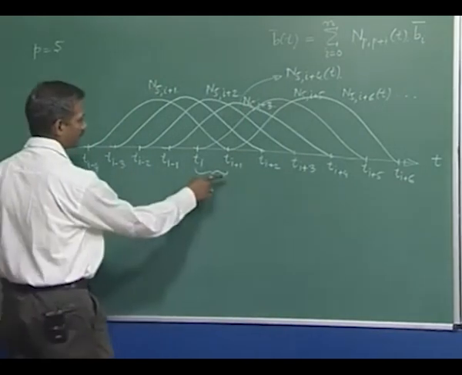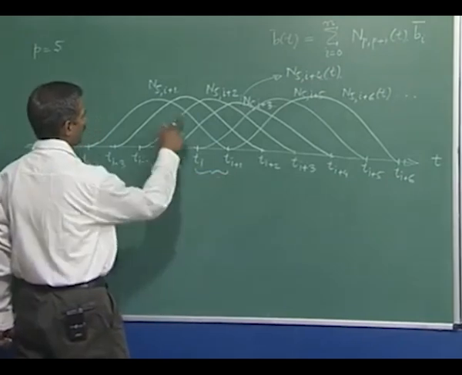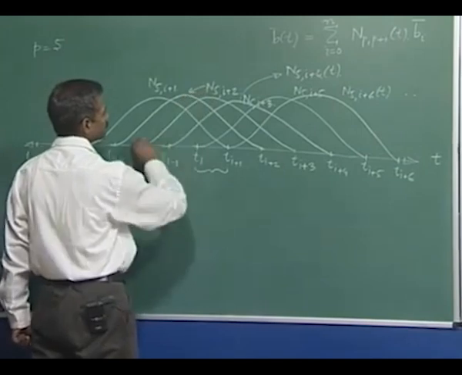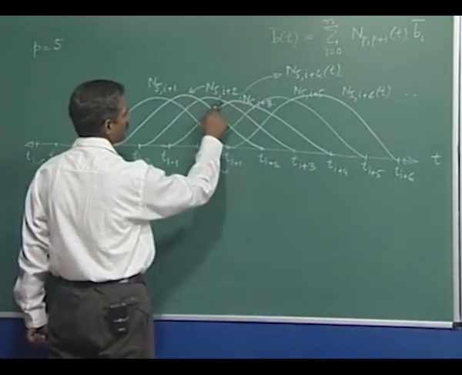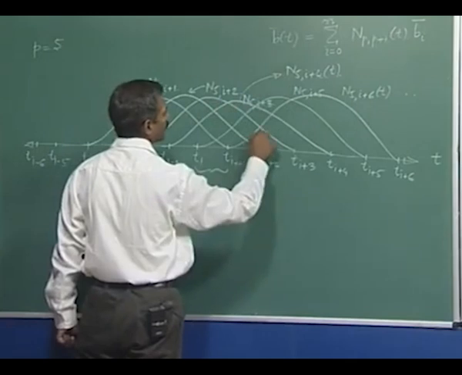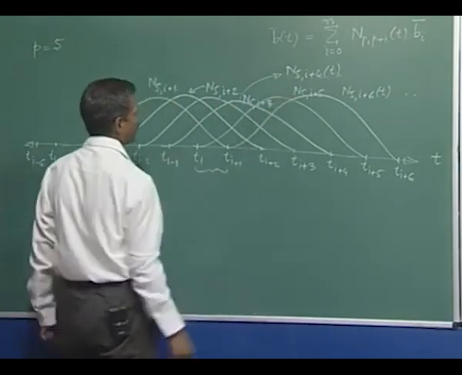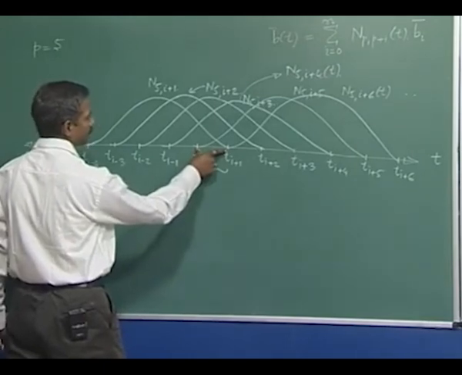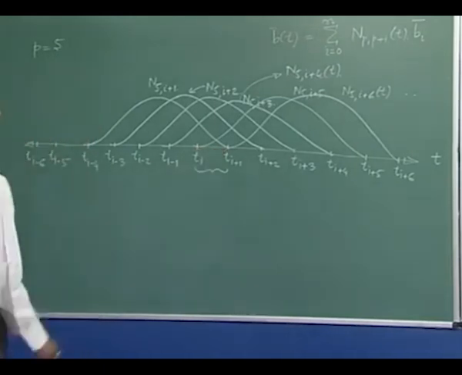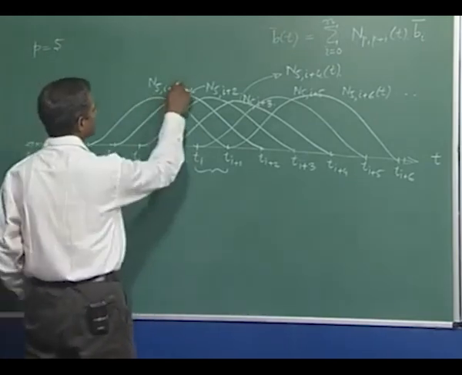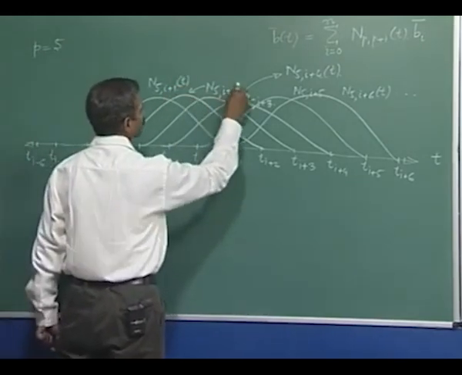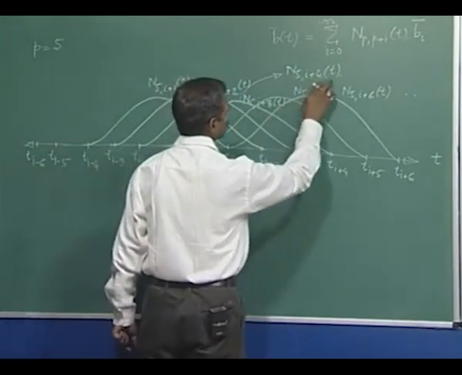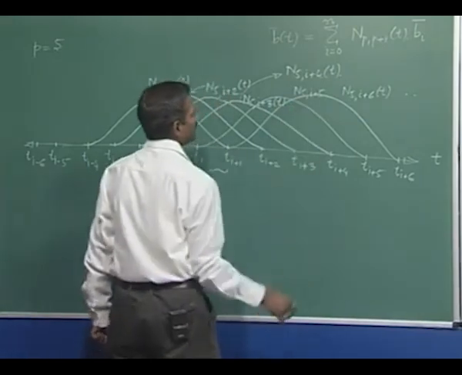Now remember, over this interval, ti to ti plus 1, N 5 i plus 1, N 5 i plus 2, N 5 i plus 3, N 5 i plus 4, and N 5 i plus 5, all these 5 basis functions will be non-zero here. Further, N 5 i plus 1 of t, N 5 i plus 2 of t, N 5 i plus 3 of t, N 5 i plus 4 of t, and N 5 i plus 5 of t will sum to 1.